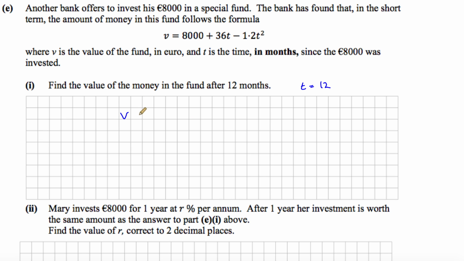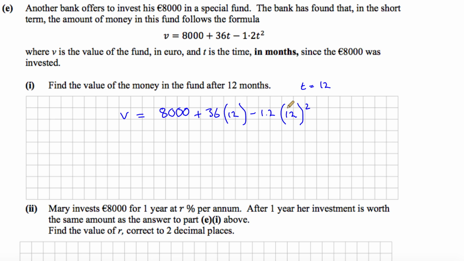So the value of the money, that's V, which will be 8,000 plus 36 by t, which is 12, minus 1.2 by t, which is 12 squared.